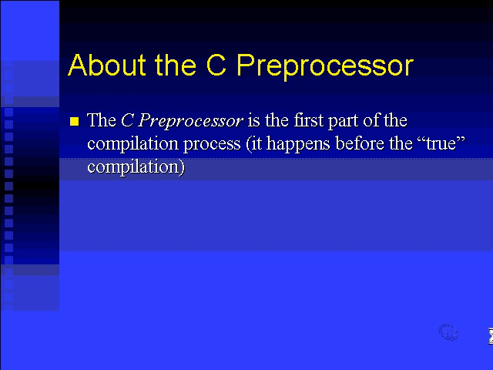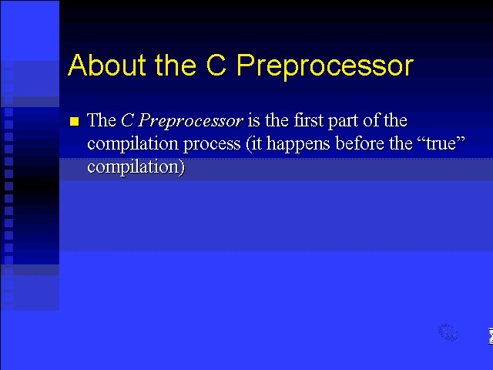Okay. The first thing you have to know about the C preprocessor is that it is part of the compilation process. In other words, when you attempt to compile a C file, the very first thing that happens is the C preprocessor does its processing on that file. Once the preprocessing is done, the true compilation takes place.